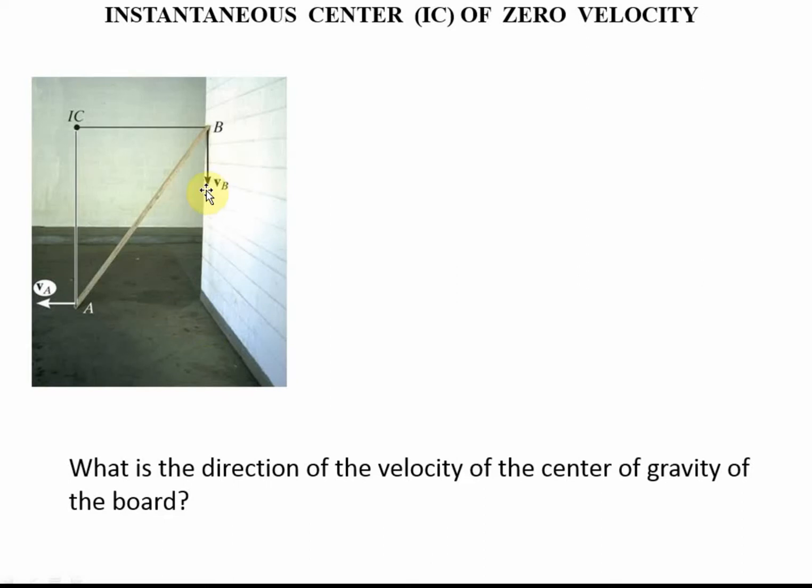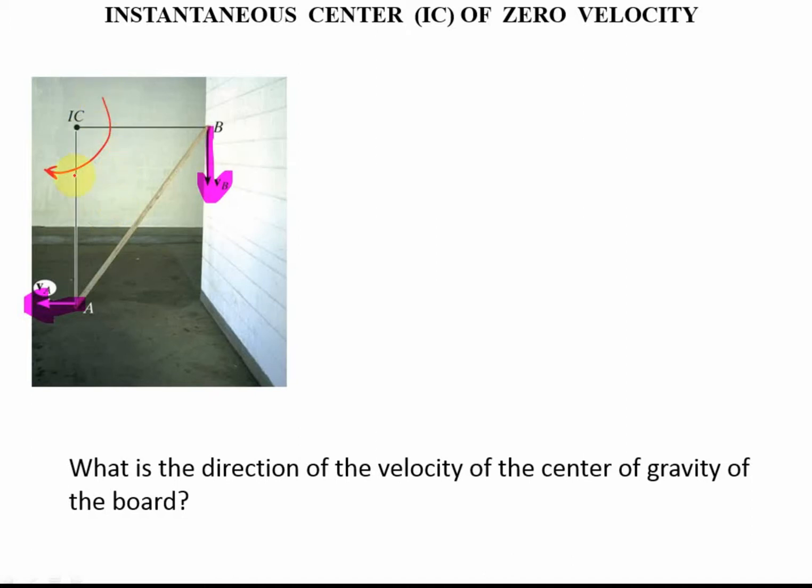Look at that. If this one is sliding down, you know that the velocity of B is always pointing down and velocity of A is pointing this way. But you can find one IC point, and then everything is rotating about the IC right now.